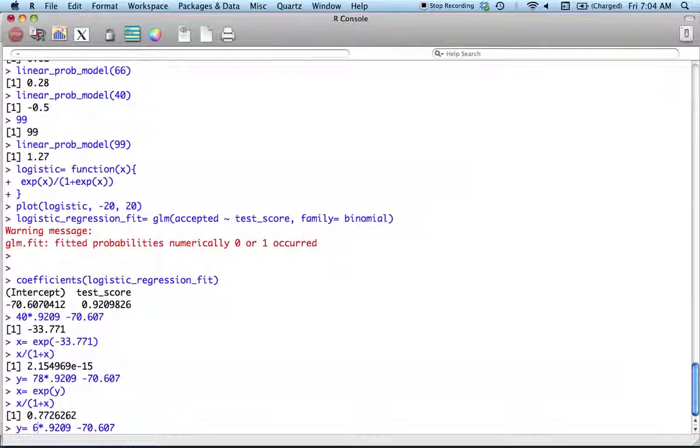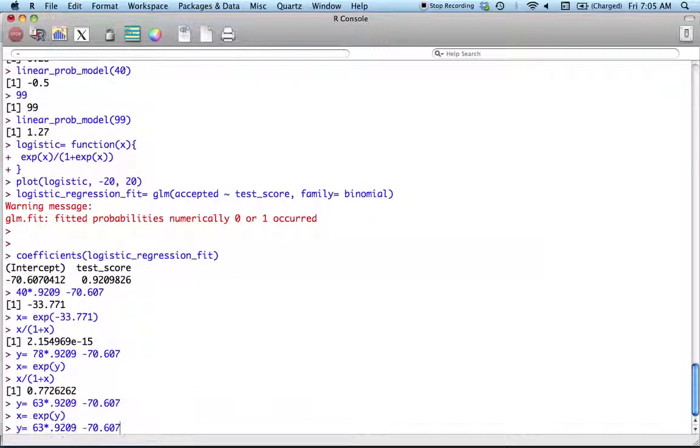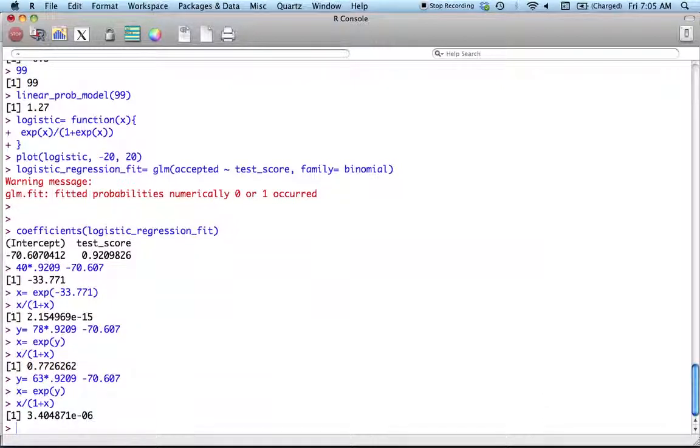Maybe I call this a 63, so slightly below average for these guys. So now they're saying that this guy has a nearly 0 chance.